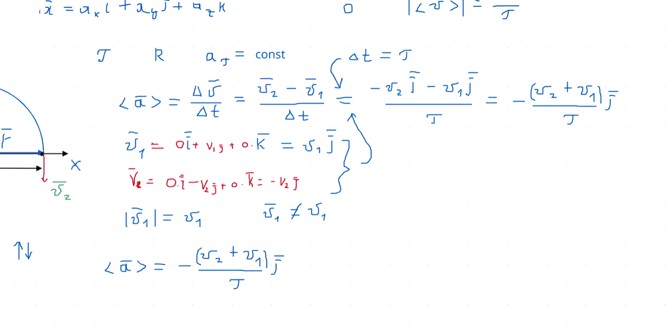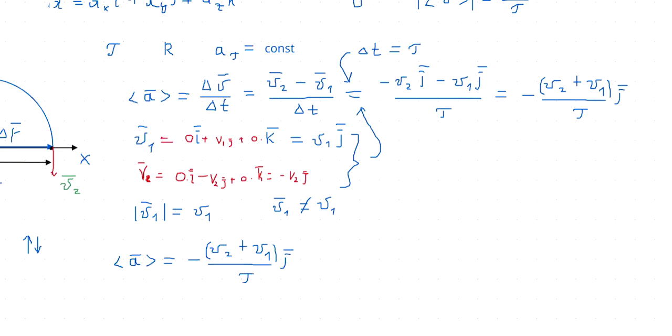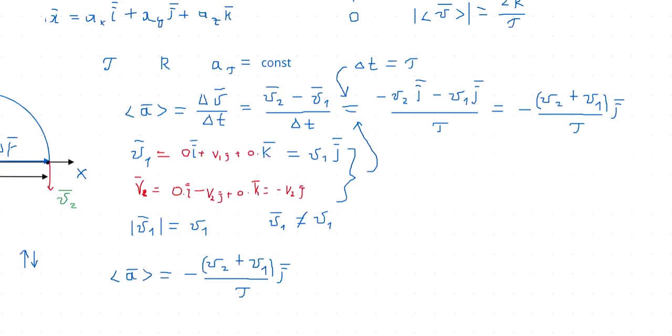But in this case we have one more condition: a tau is equal to const. And the question is how to use this condition to find a connection between v2 and v1.